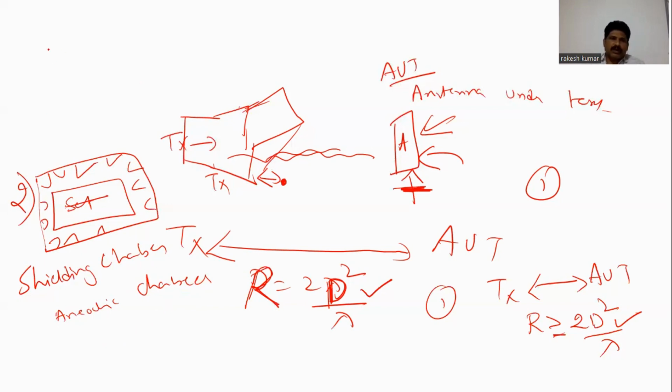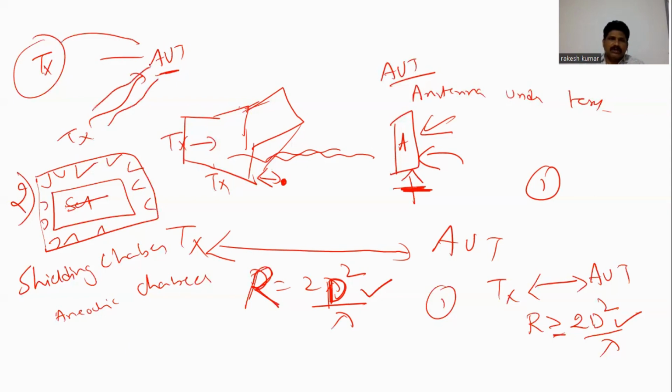For example, if we are testing one antenna, this is my transmitting antenna and this is my antenna under test. If it is not kept in a closed anechoic chamber, it may receive other signals, not only from the transmitting antenna but also from other surrounding antennas.